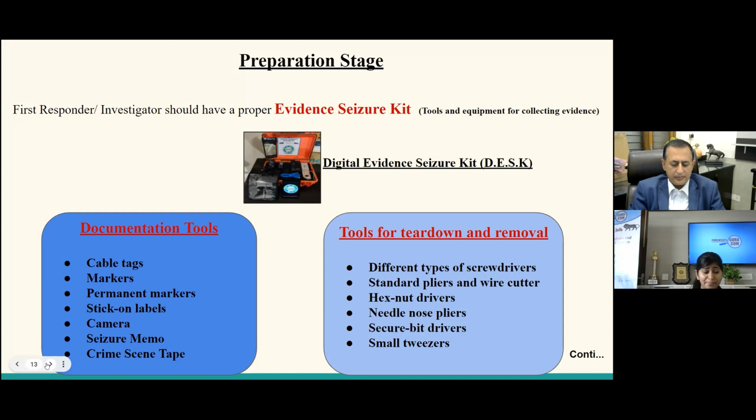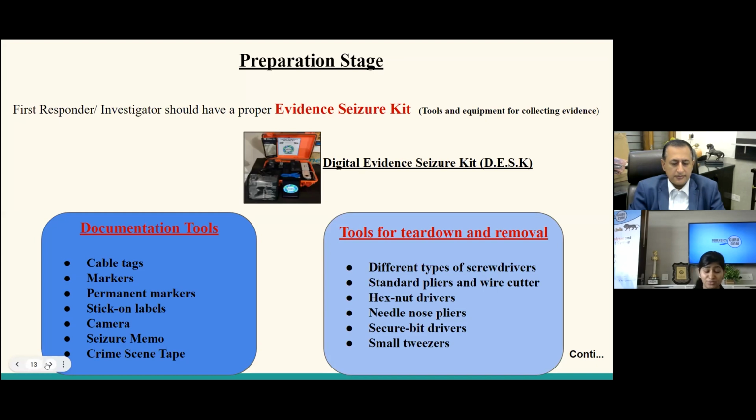So a proper protocol needs to be followed while collection and packaging of digital evidence is getting done by the first responder or the investigating officer. This is required to ensure that the digital data or digital evidence is not at all modified, not at all altered, and not at all changed during its handling. All right.